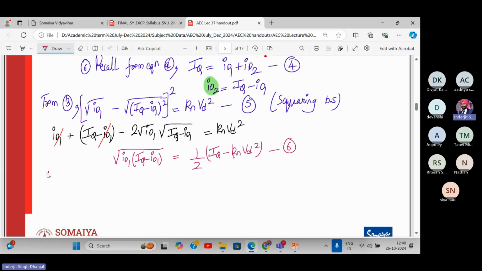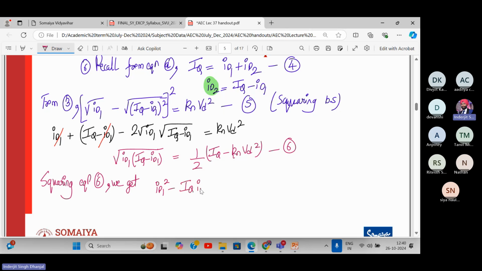Now what we do is we again square. Squaring equation number 6, we get ID1 square minus IQ into ID1.